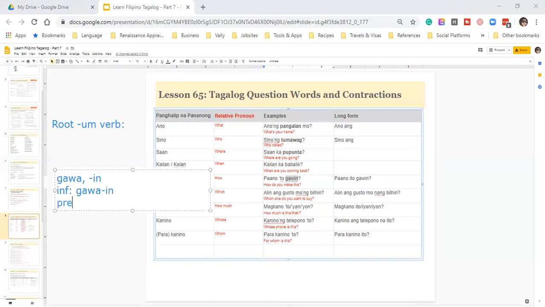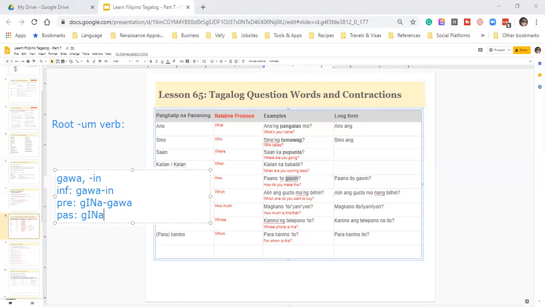And present, you're going to insert that in between the first syllable. So you should get ginagawa, the root word is gawa. Okay, all right. And the past would be almost the same as this present, except we're not repeating the first syllable. You will just insert that in.